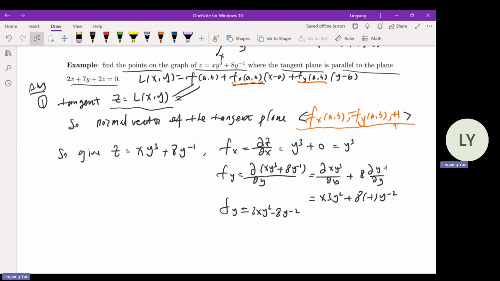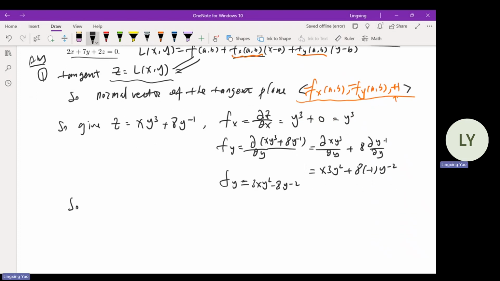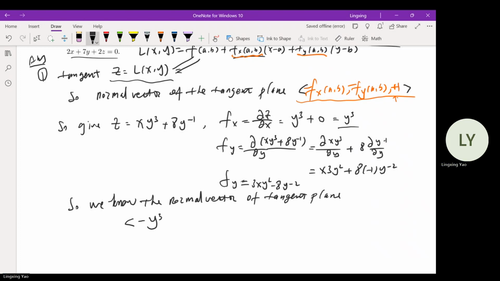All right. So we know the normal vector of the tangent plane at any point is negative partial f partial x, at any point AB, right? But here we don't have the AB.